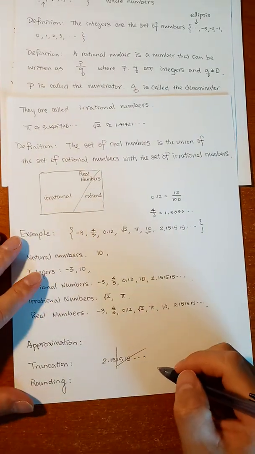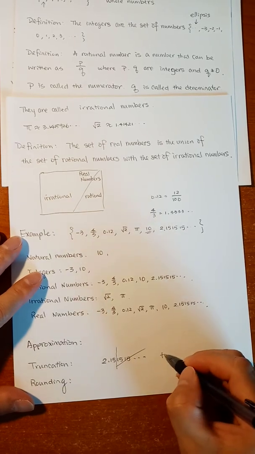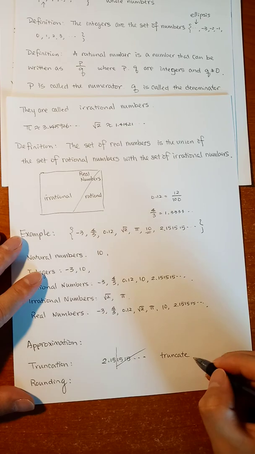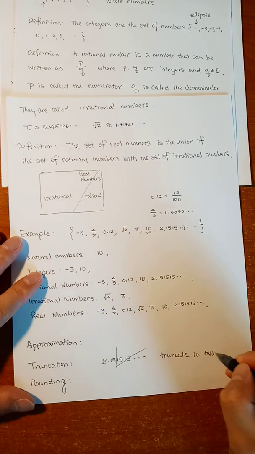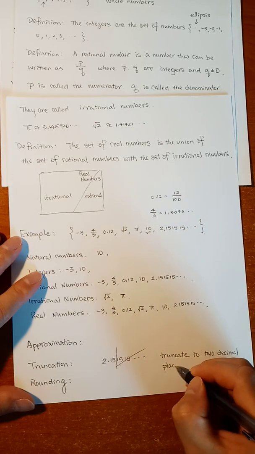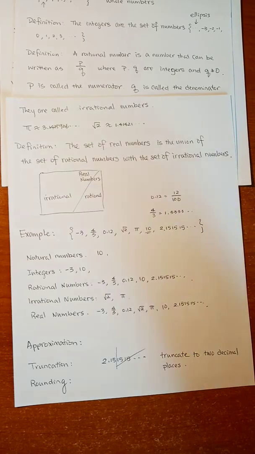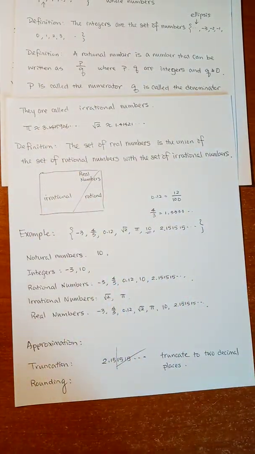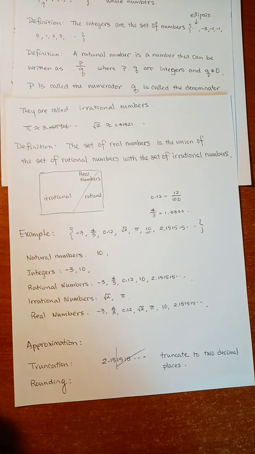Truncate to 2 decimal places. I don't care what the rest of the digits are, just cut. So it's a truncation. What is rounding?